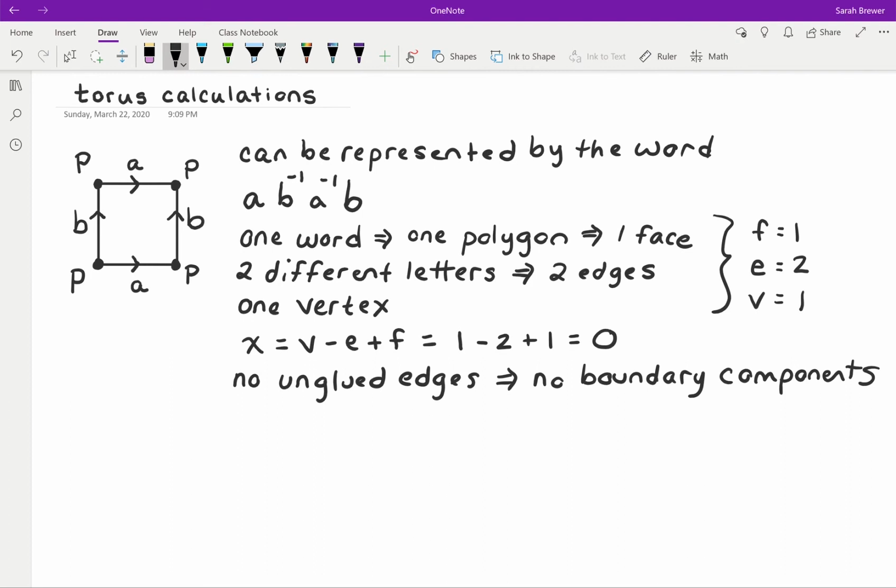So no unglued edges, no boundary components. All right, now the next thing we need to know is whether this is orientable or non-orientable. Well, let's assume we don't know that this is going to be a torus. So to figure out whether it's orientable or non-orientable, we want to look at how our edges are going to be glued together, and we pay attention to the orientation. So when I glue my A edges together, because they're mirror images of each other like this, they can glue to each other without putting any twists into the surface.